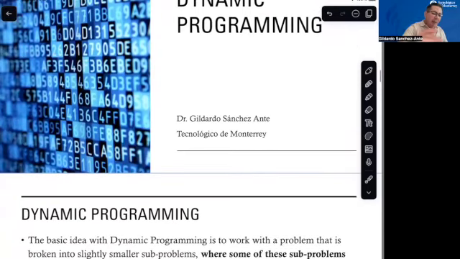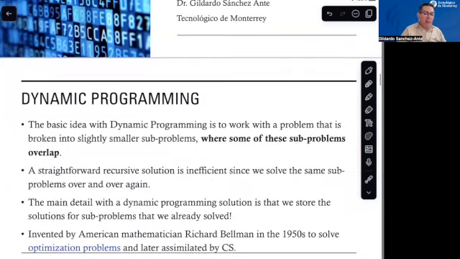Dynamic programming is a very powerful technique for designing algorithms. This technique works with problems in which we can split the original problem into smaller ones, as long as those decomposed sub-problems overlap among them.